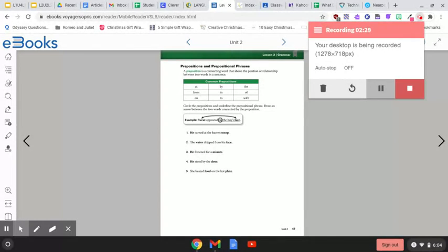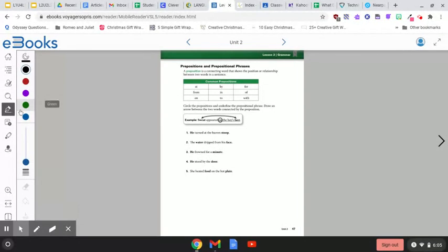Let's look at number 1. Let's do number 1 together. He turned at the barren stoop. At is our preposition. I know this because we've seen it in a few sentences already.